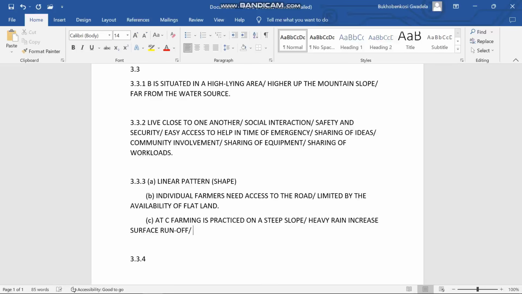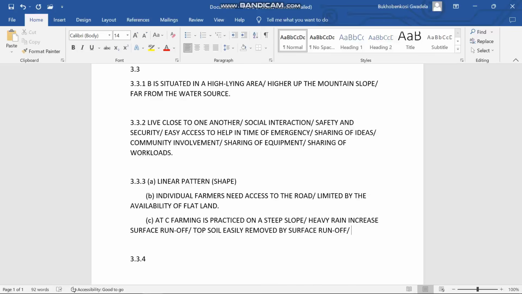You can also say loosely bound soil is easily removed by surface runoff. So the topsoil is easily removed by surface runoff.